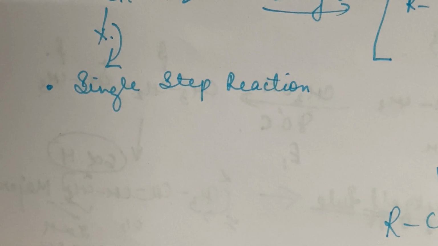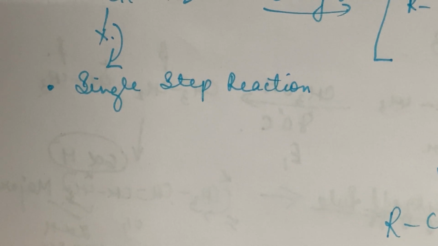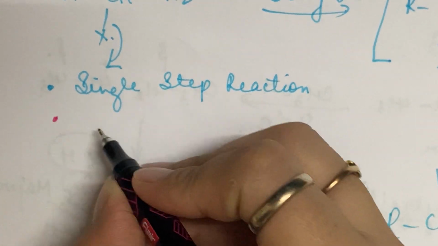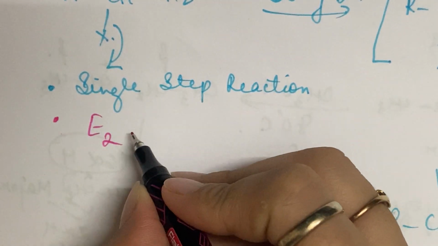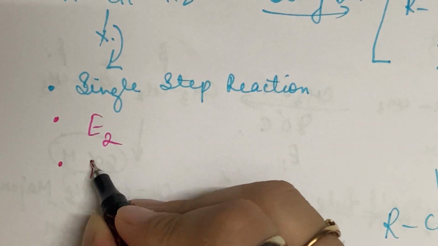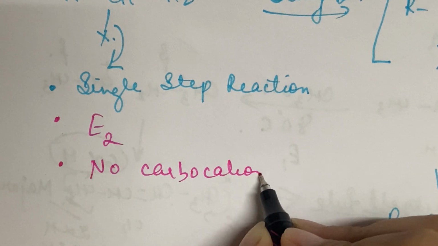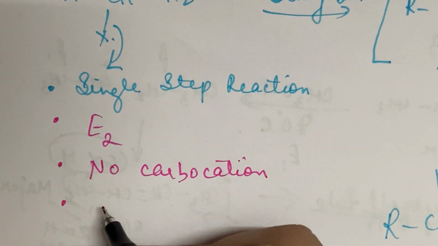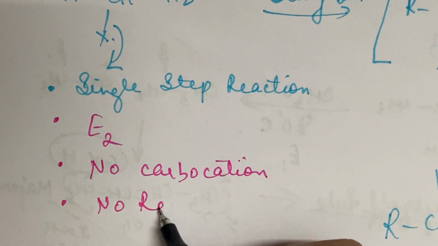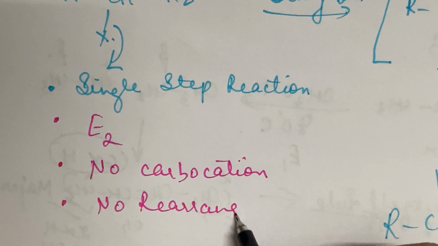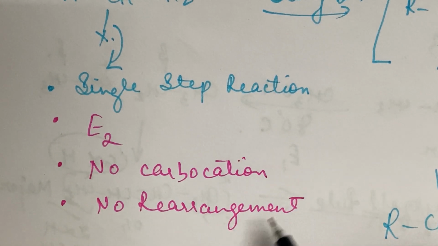That is why two molecules are involved in this type of reaction, so that is why it is called E2 elimination reaction. After that, no carbocation was forming. Then obviously if no carbocation, then no rearrangement.